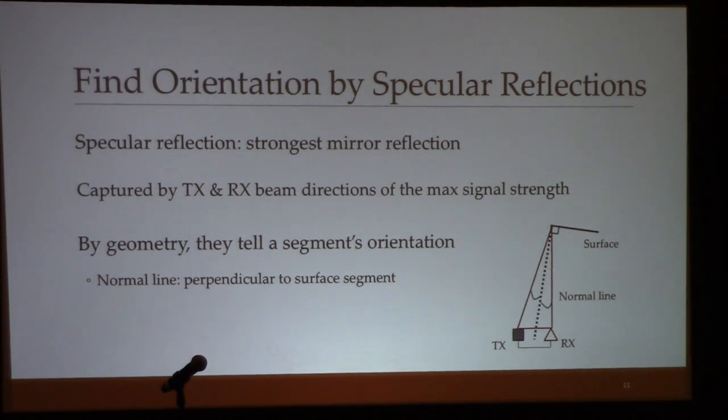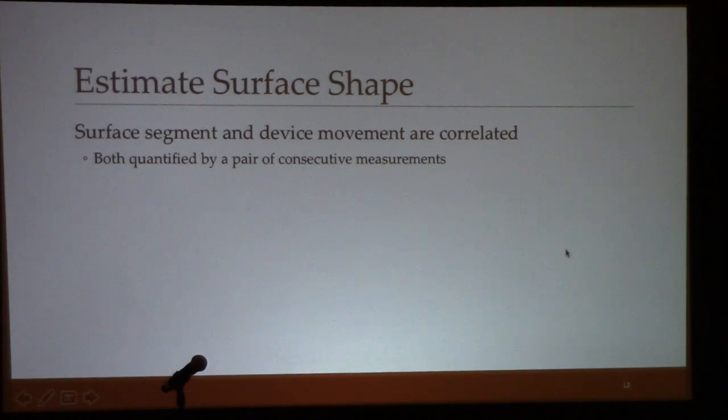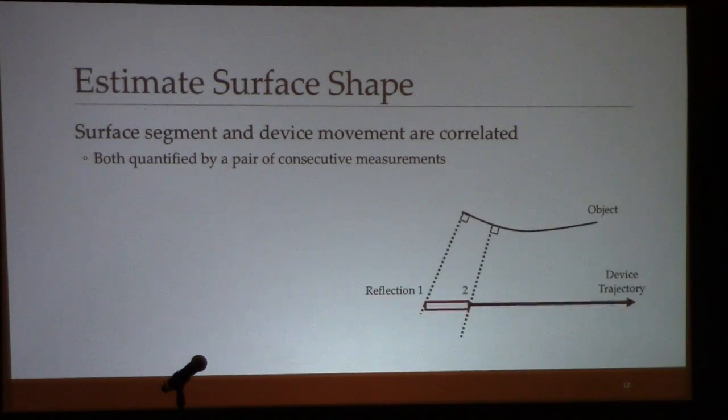So with the orientation information, we can now estimate the surface shape. To do so, our key insight is that the surface segment and the device movement are correlated, because both of them can be quantified by every two consecutive measurements. For example, suppose we get two specular reflections during the device movement.